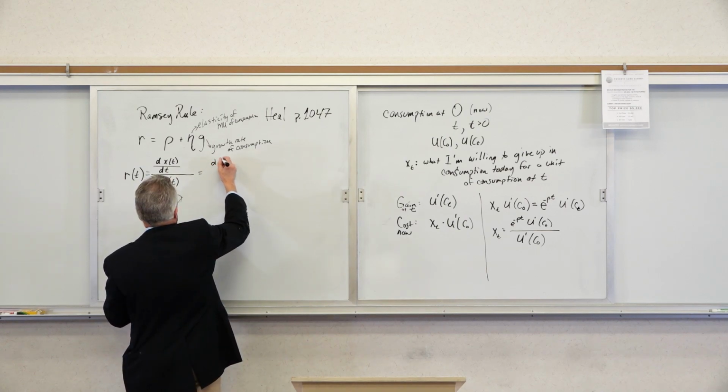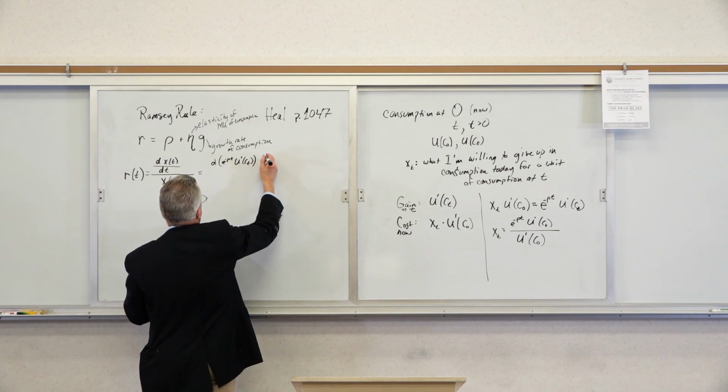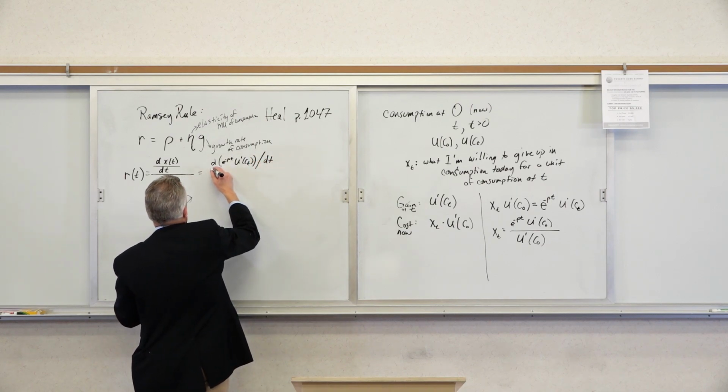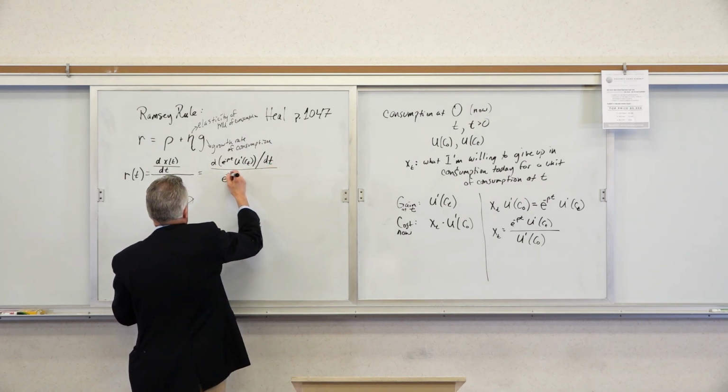This is a lot of algebra, but not really complex. e to the minus rho t, u prime of c_t, dt, all over e to the minus rho t.